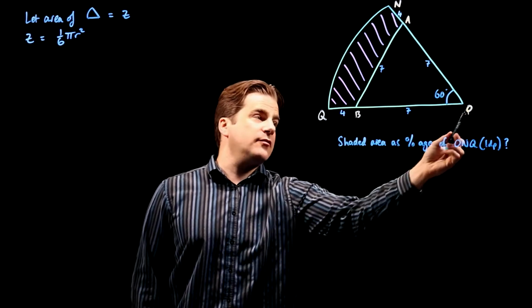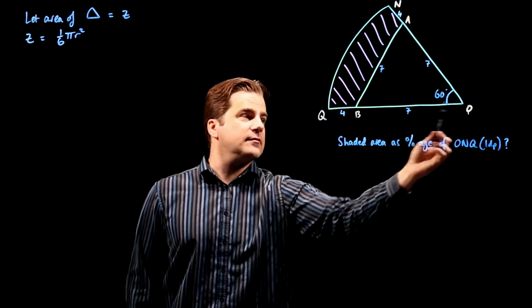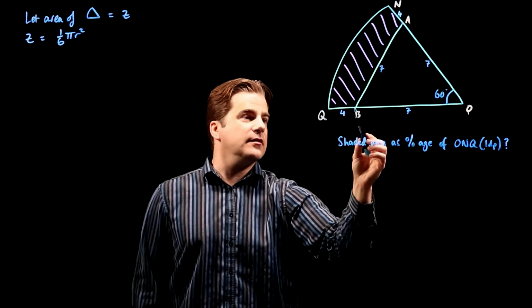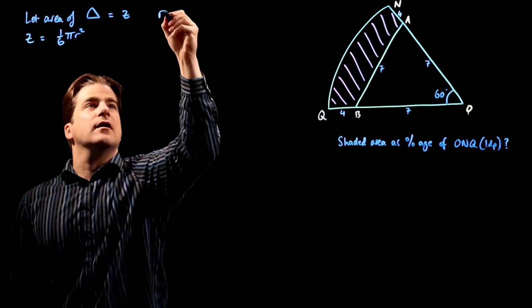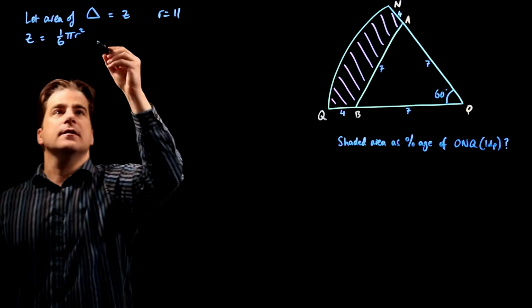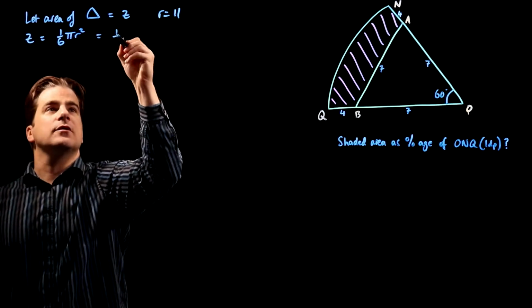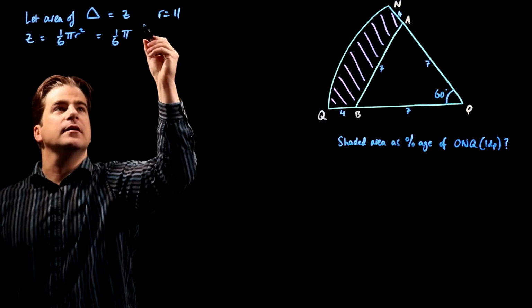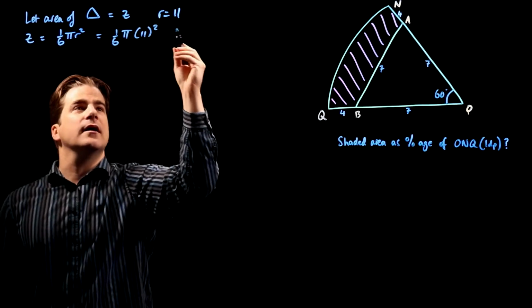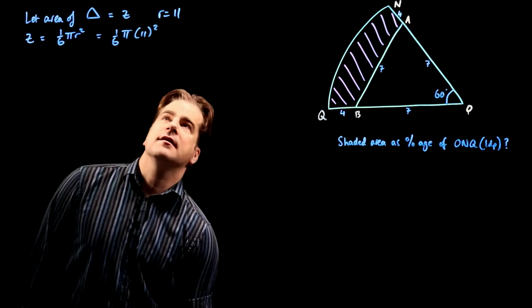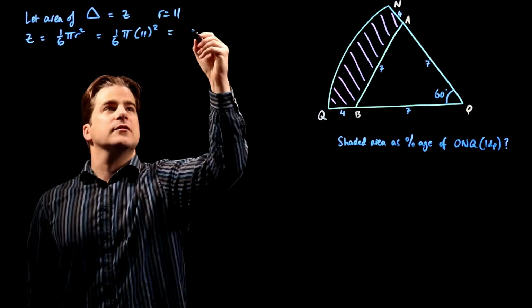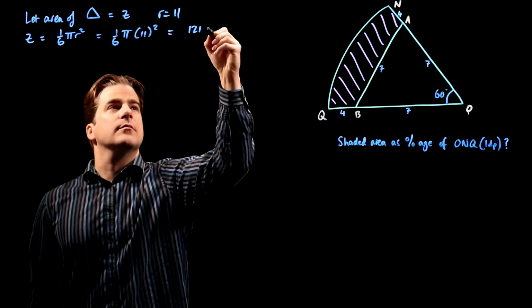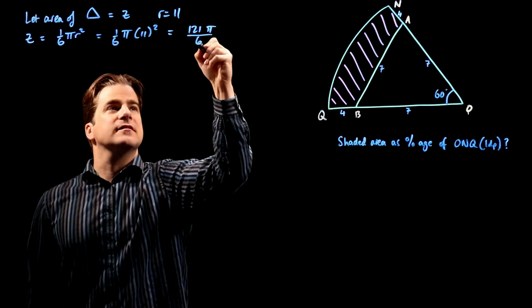From O to Q, we're told it's 11. Okay, so r is 11. So Z becomes 1/6 pi times 11 squared. 11 squared is 121. So that becomes 121 pi over 6.